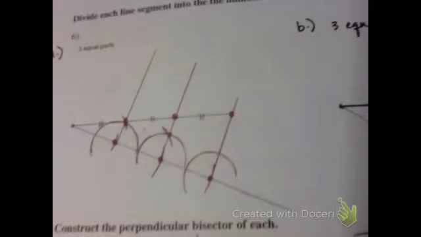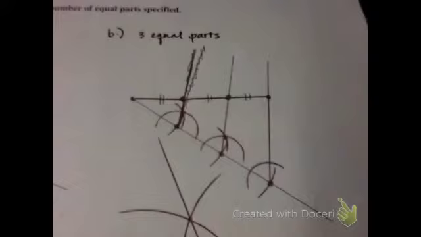This is dividing a line into equal parts construction. It involves drawing another line out, drawing 3 equally spaced arcs, I guess intersections, and then you'll draw parallel lines that will divide your segment into 3 parts.